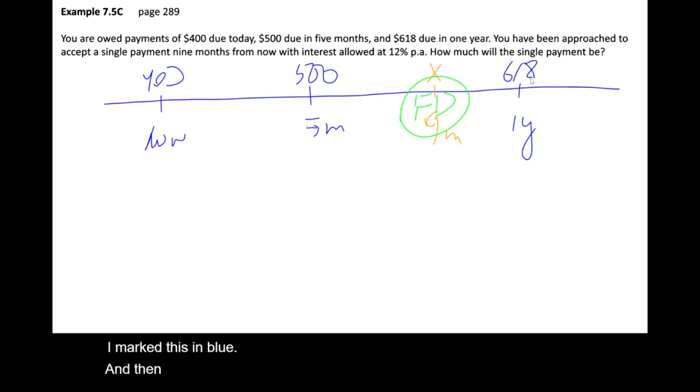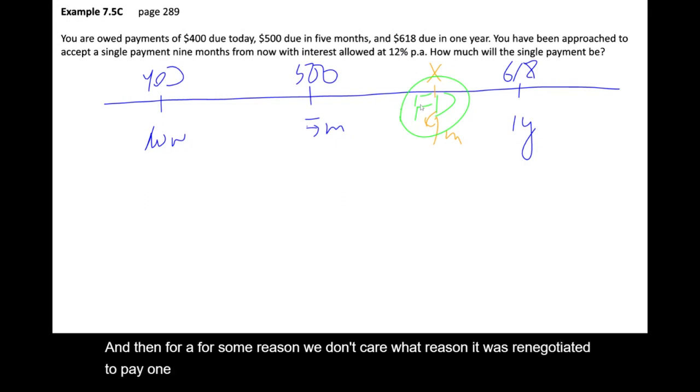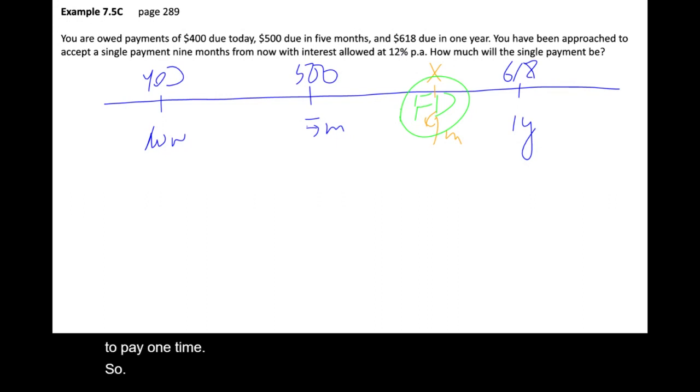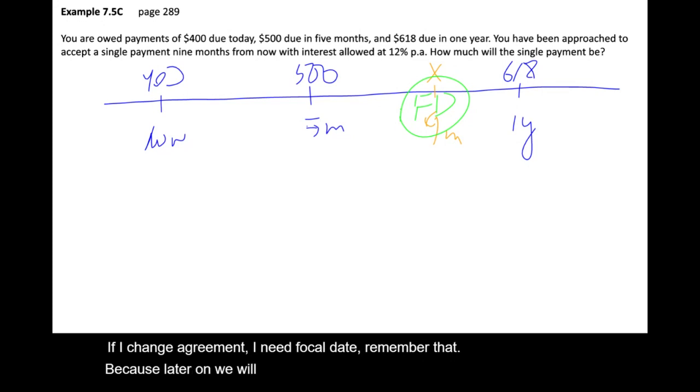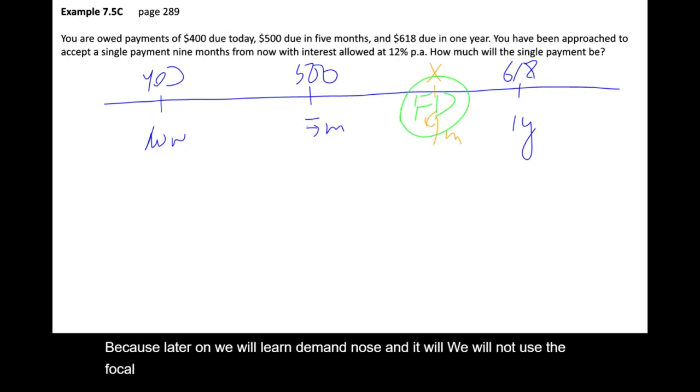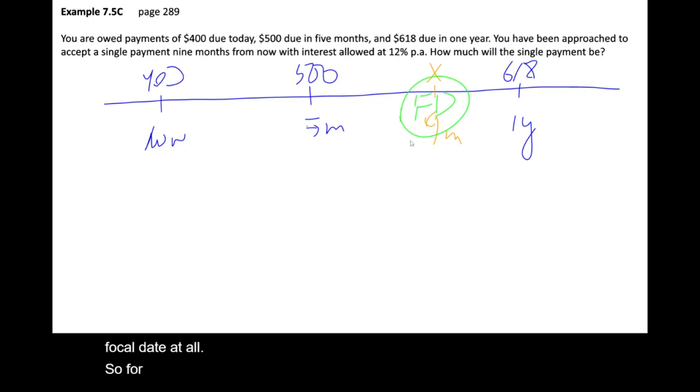Then for some reason, we don't care what reason, it was renegotiated to pay 1 time. So one more rule: if I change the agreement, I need a focal date. Remember that, because later on we will learn demand notes, and we will not use the focal date at all. So for you not to get confused, remember, if I change the agreement, I use a focal date.